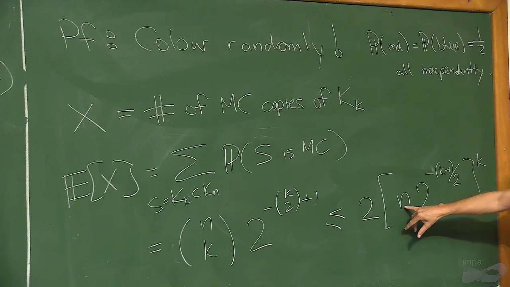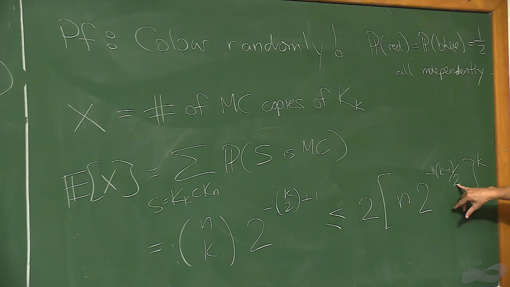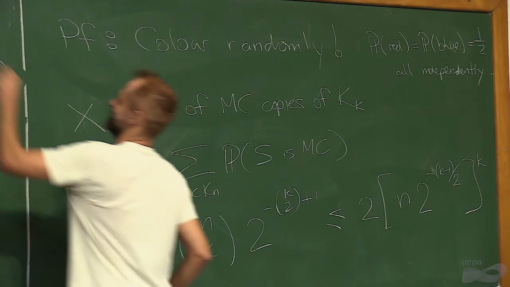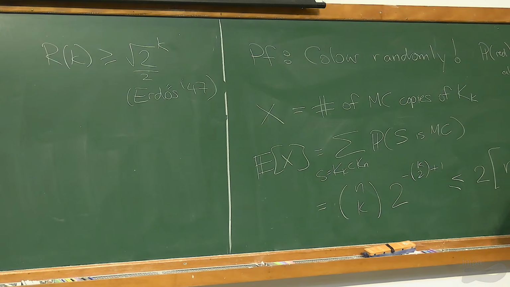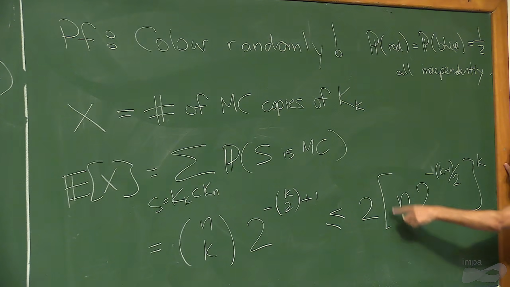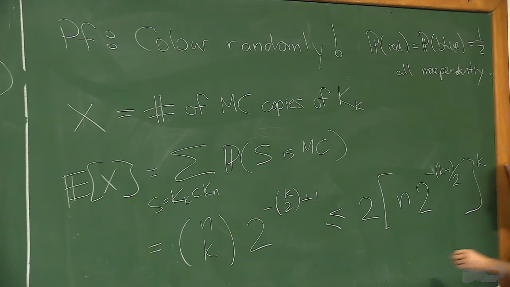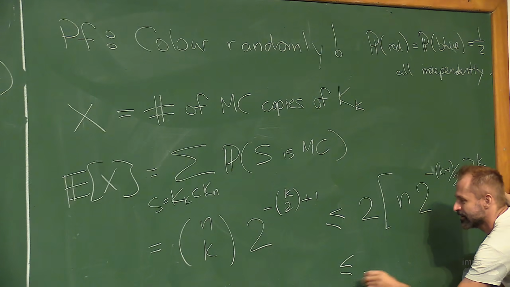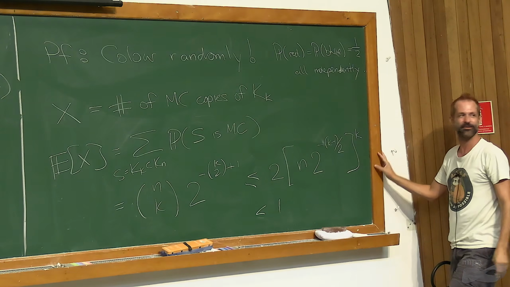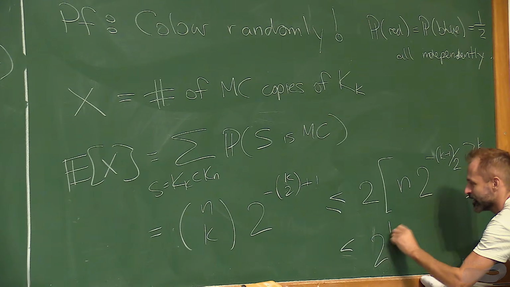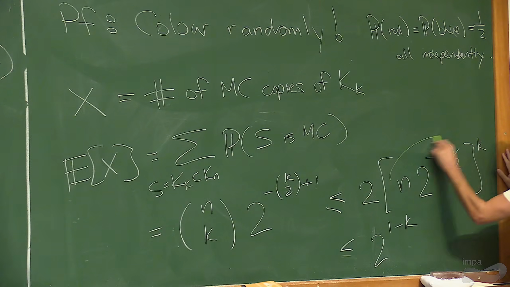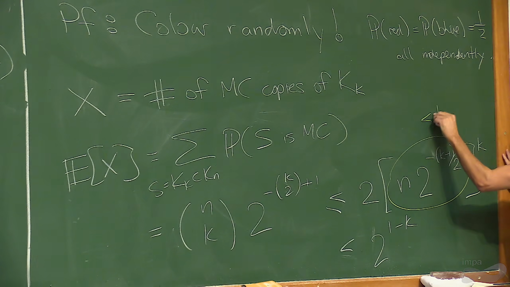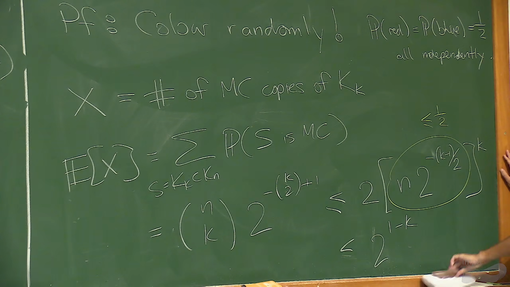Now, if I pick n smaller than, so I need to make it slightly smaller. If I make this thing less than a half, then I can make this smaller than 1. Right? I can make it smaller than 2 to the 1 minus k or something. If this thing here is less than a half, then we get the half to the power k.